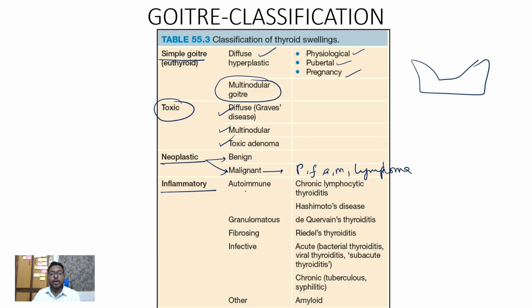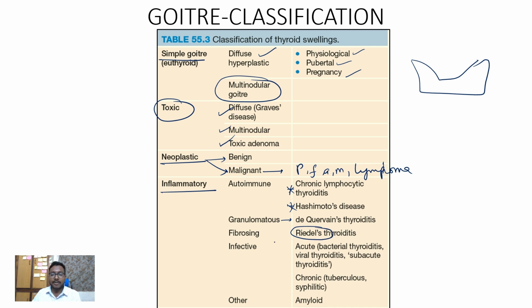Next, coming to inflammatory, you can have autoimmune thyroiditis like chronic lymphocytic thyroiditis, which is Hashimoto thyroiditis. Then granulomatous is De Quervain's thyroiditis, and fibrosing is chronic invasive fibrous disease, Riedel's.